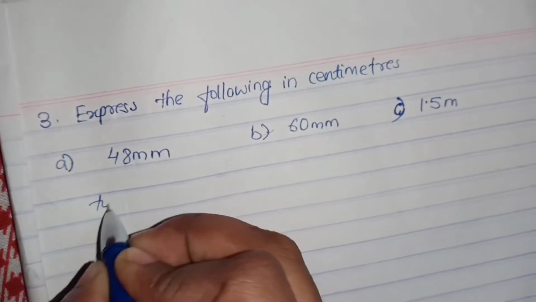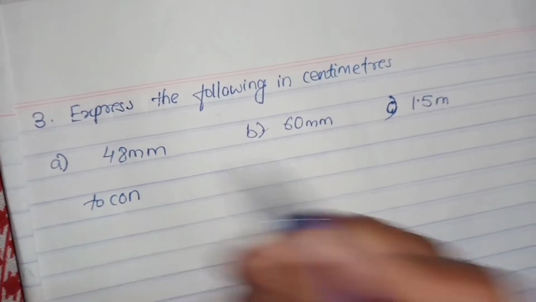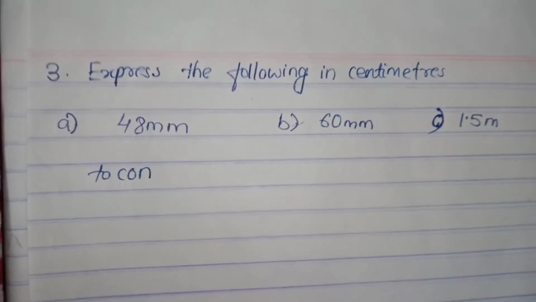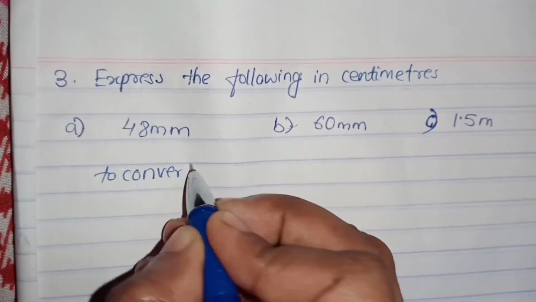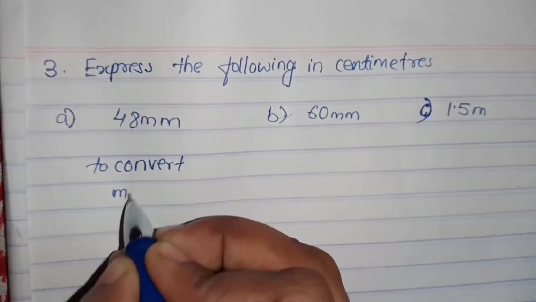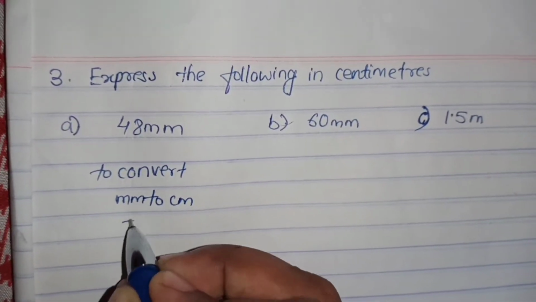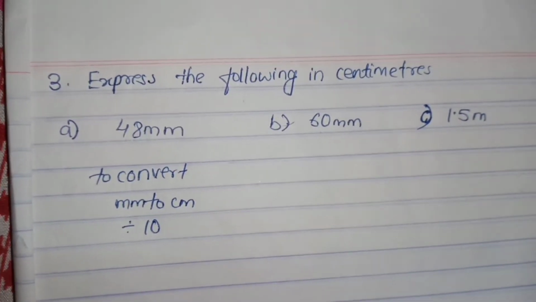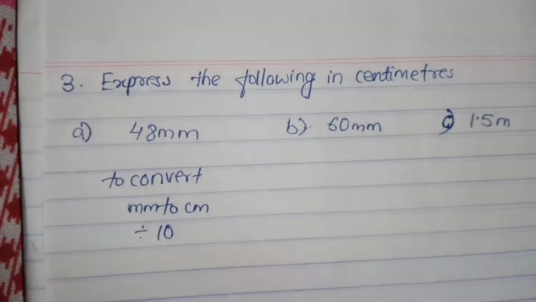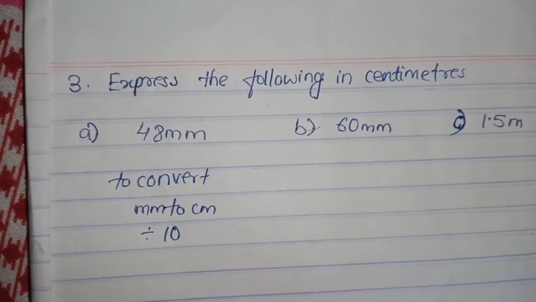Now to convert millimeter to centimeter, we have to divide by 10. 1 centimeter is equal to 10 millimeter.